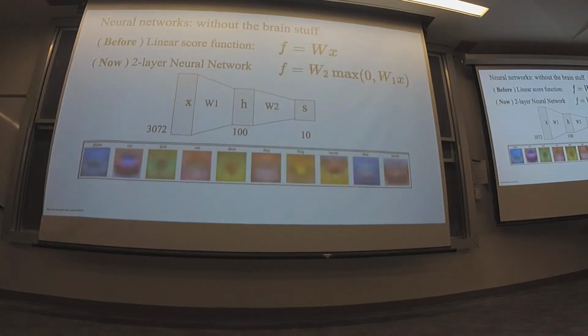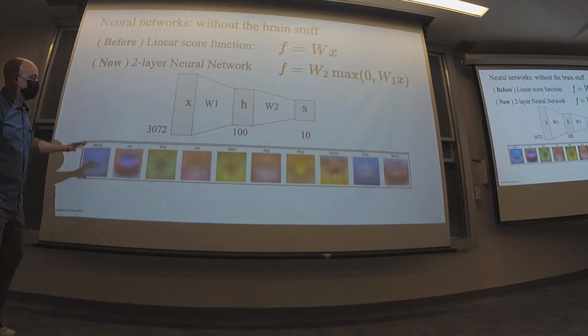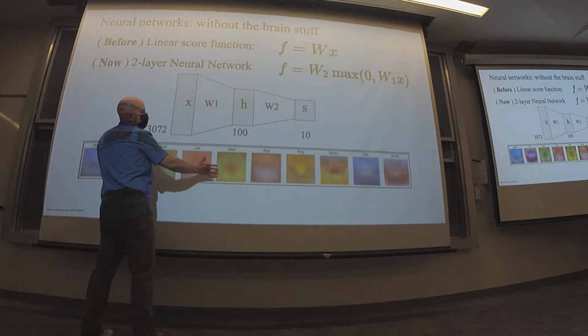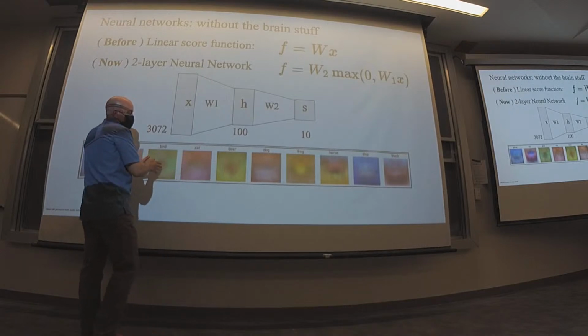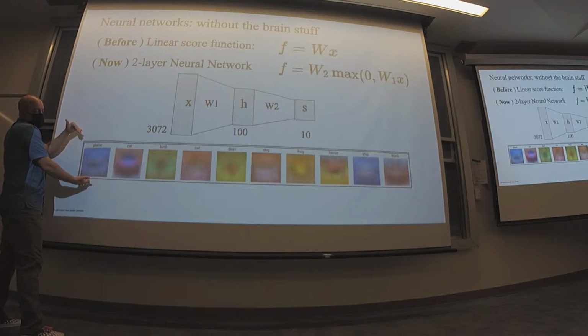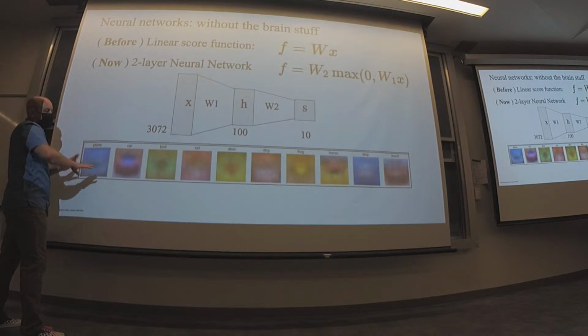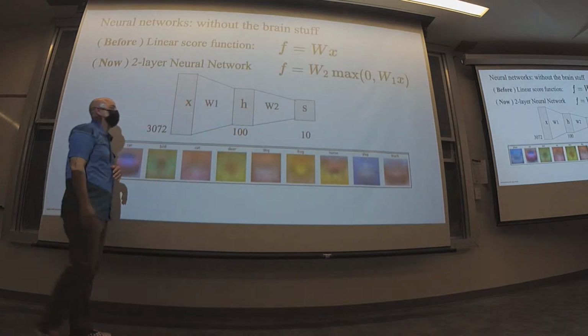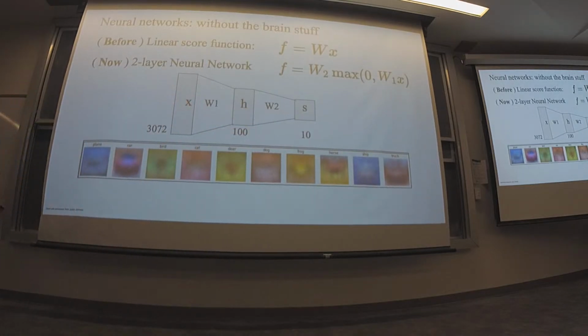Okay, so remember this picture, right? This is, I believe, just the same as before, but these were the rows from the linear classifier, and you no longer are able to do this because there's no matrix that you're looking at here with 10 rows in it and the right number of inputs.